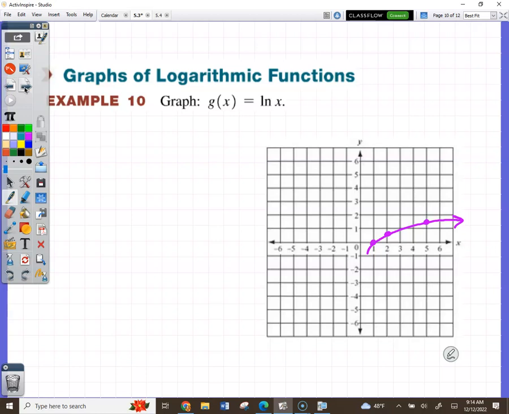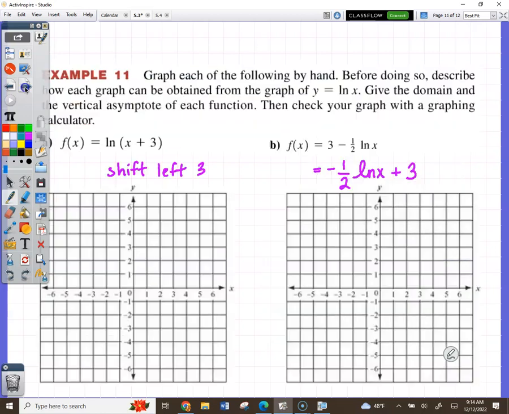So I want to refresh you. Once again, we got those transformations that come in. So look at A. A says ln of x plus 3. What's the mother function here? Ln of x is the mother function.